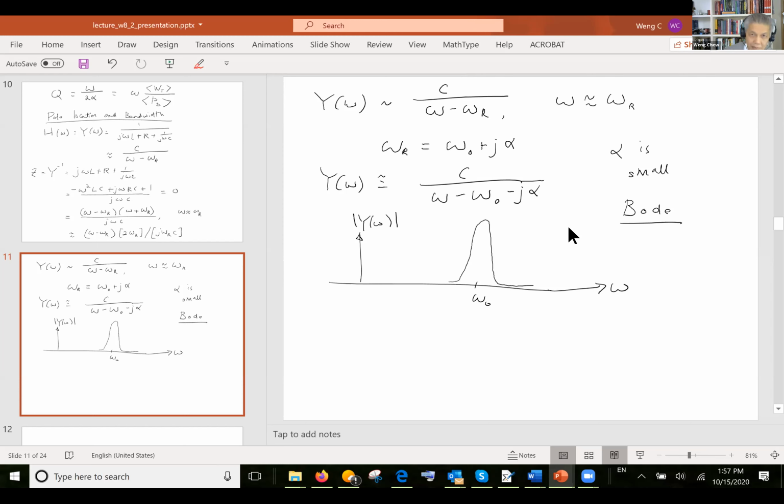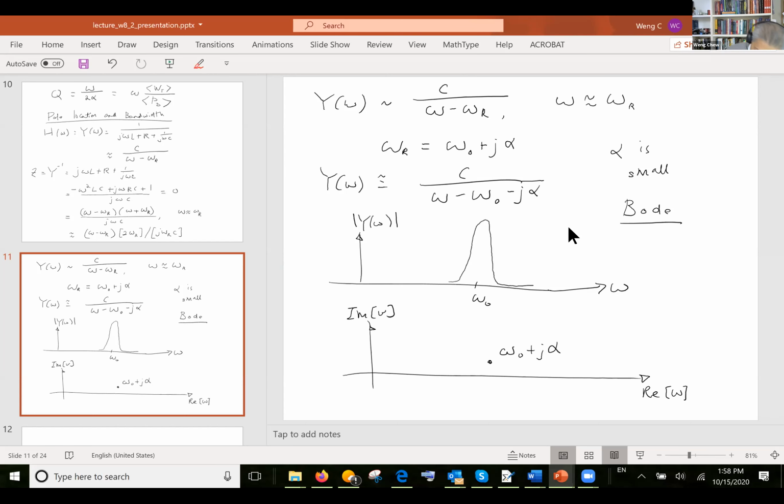So we go through this complex plane analysis and say that on the complex plane, you have omega real, and then imaginary omega, and then the pole location is given by omega naught plus j alpha. Okay, so it peaks when the operating frequency, which is real, is very close to the pole location. That is where it peaks.